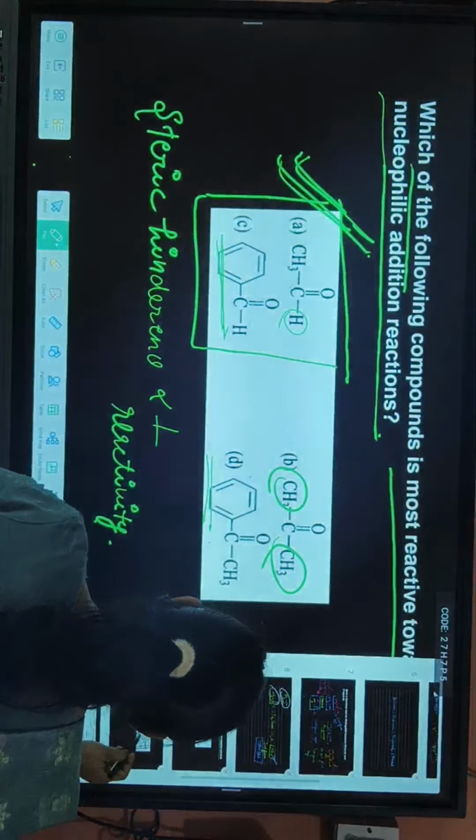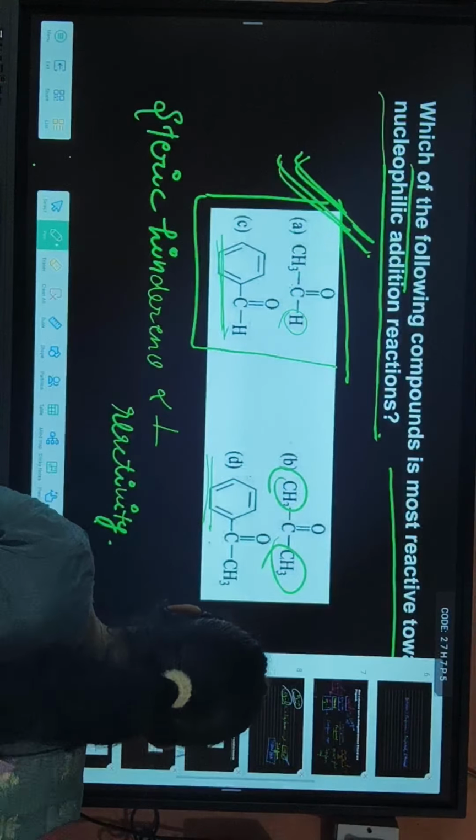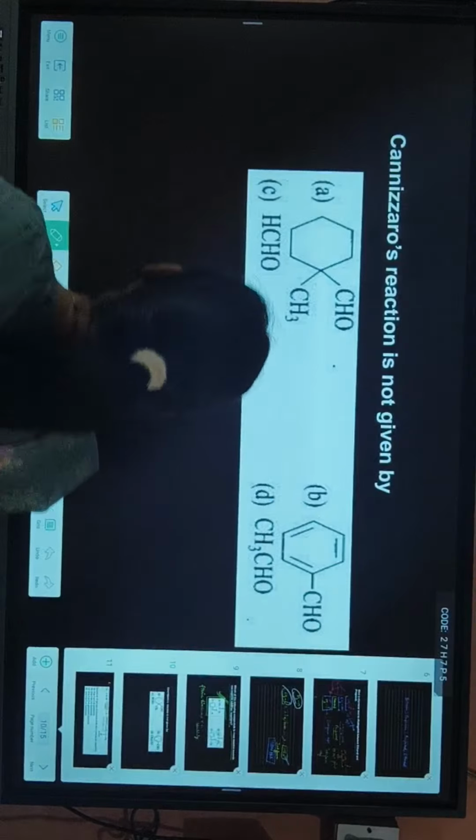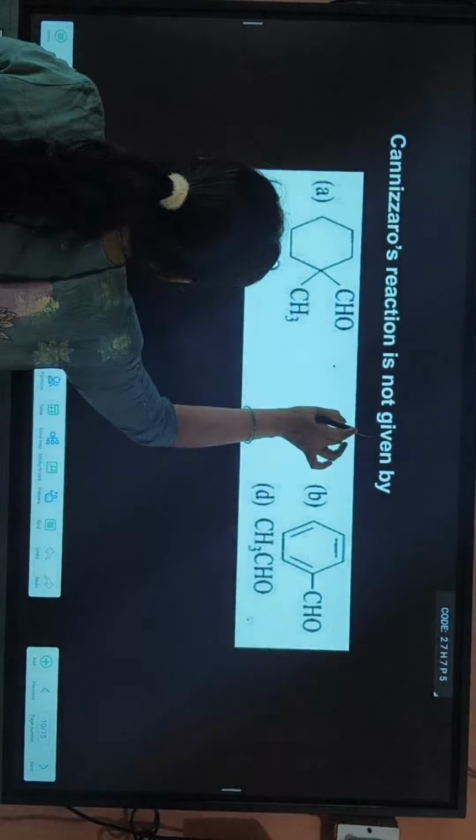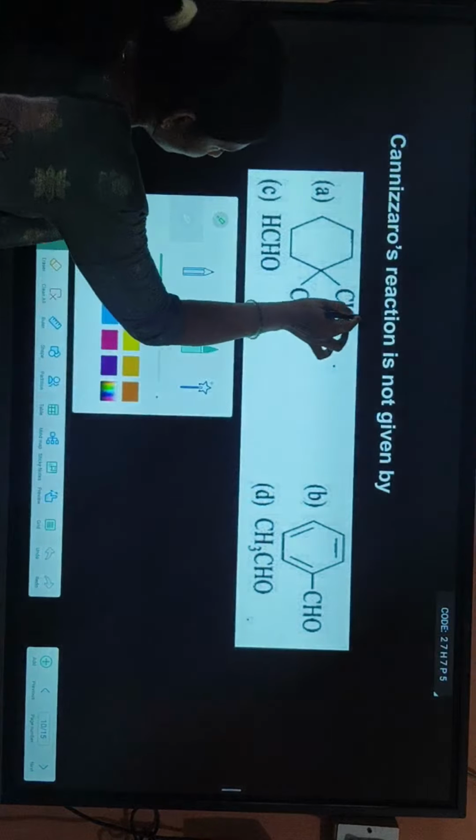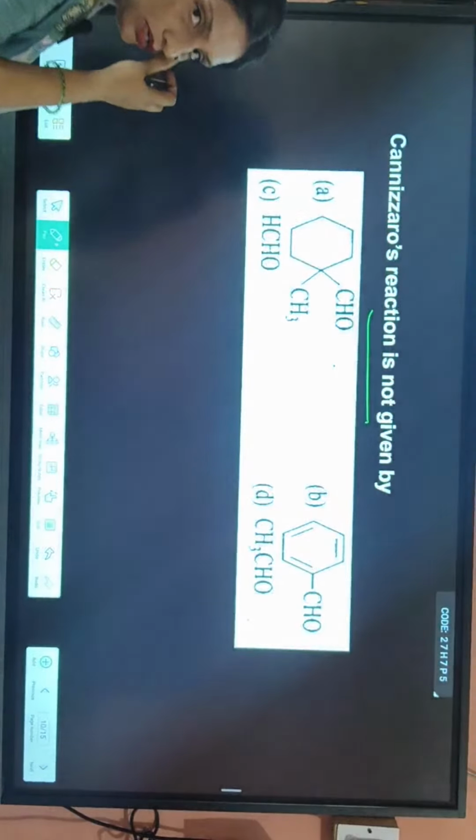Now, students, our next question is: Cannizzaro reaction is not given by which compound? What is the Cannizzaro reaction?